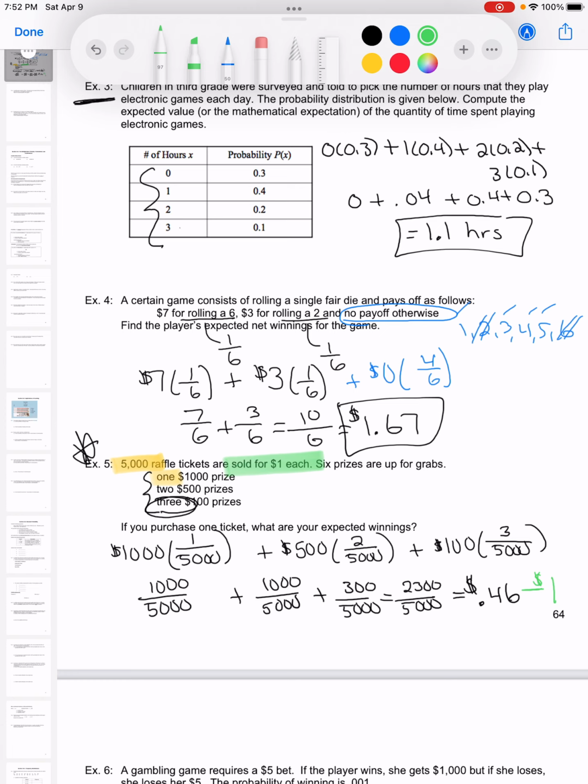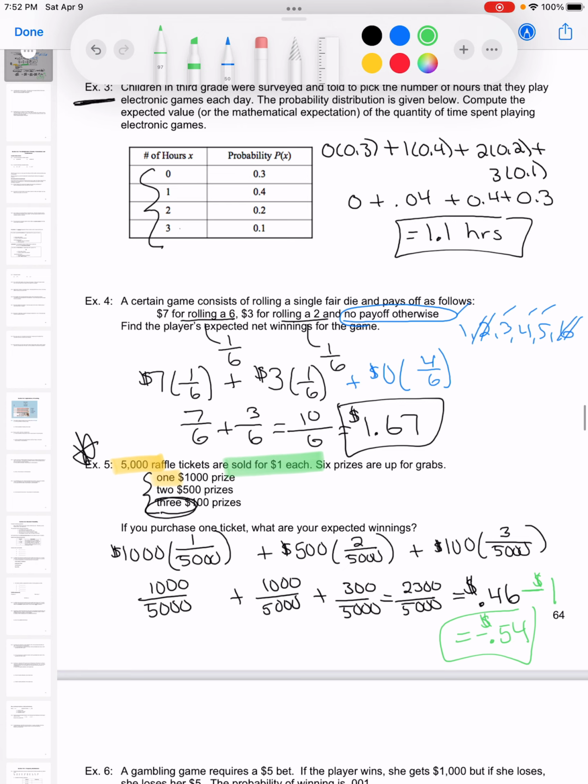I won 46 cents, but I had to pay in $1, so really I lost 54 cents, or I could say I won back less than I paid in originally. So you can have negative expected values. I know on the first page we said we could not have negative probabilities, and that still holds true, but these are expected values, or in this case it was expected winnings. So I can have negative answers for those.